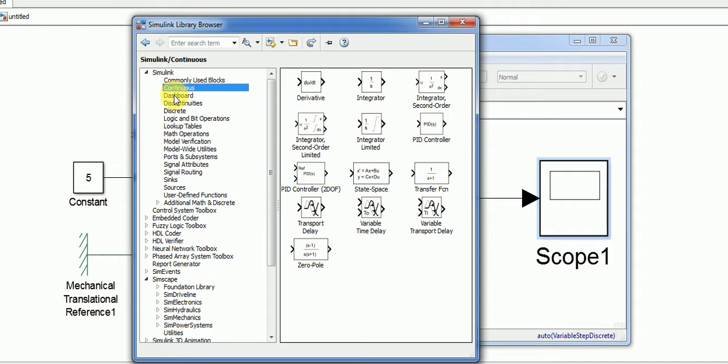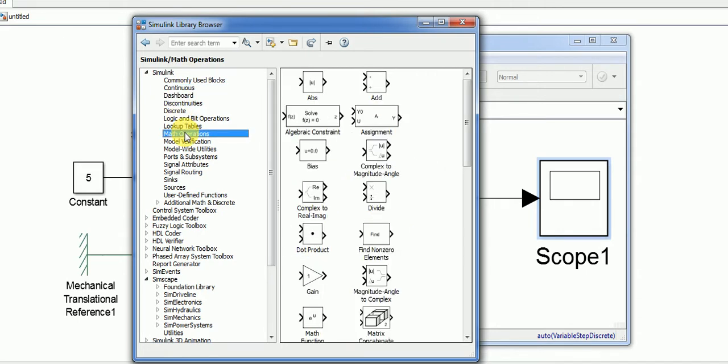All mathematical functions and operations are provided here. You can also take values from a lookup table, and we have so many options. By using all these options, we can create a model of any system.